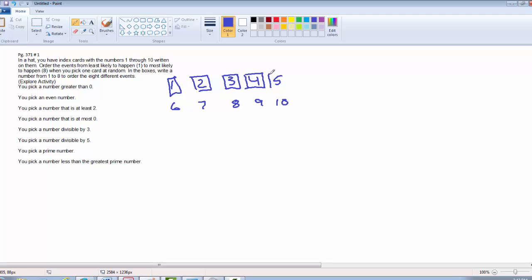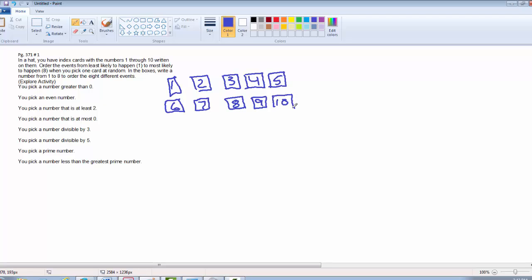The first event is the probability of you picking a number greater than 0. So the event is greater than 0. If I take a look at all these cards, we're going to count how many of them are larger than 0.